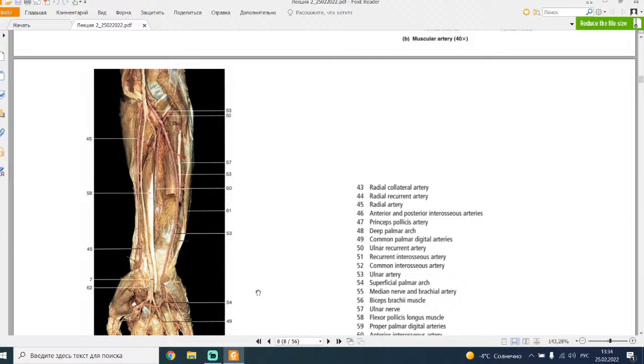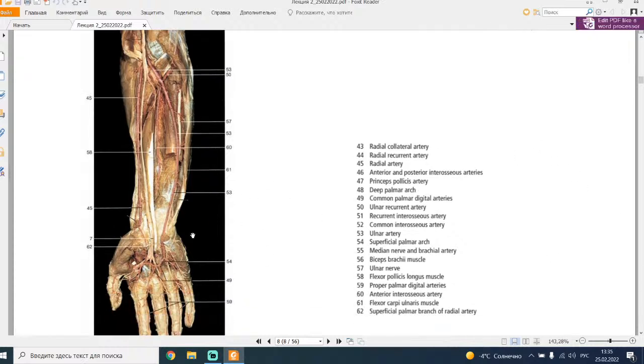Note, you see a muscular artery. This is the radial artery and the ulnar artery. Blood is red in color. This is white in color, it is nerve. This is muscles. This is an artery of muscular type.